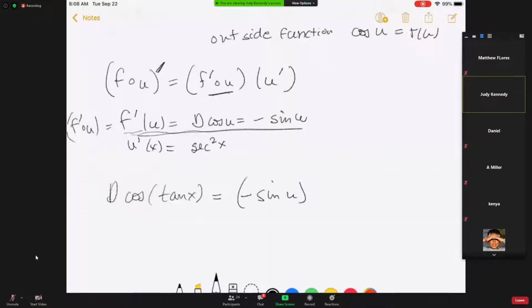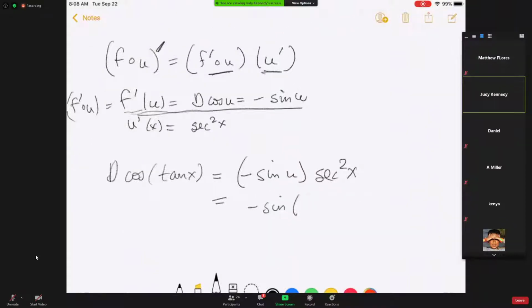Okay, so that's that part. And then u prime is secant squared of x. And then I want to go back to all x's. Well, what's u? u was equal to the tangent of x, times the secant squared of x.